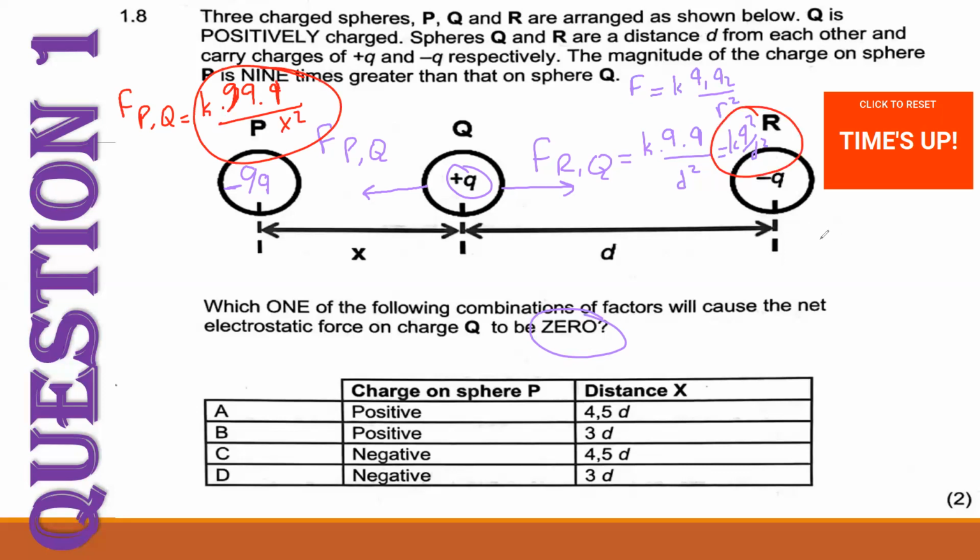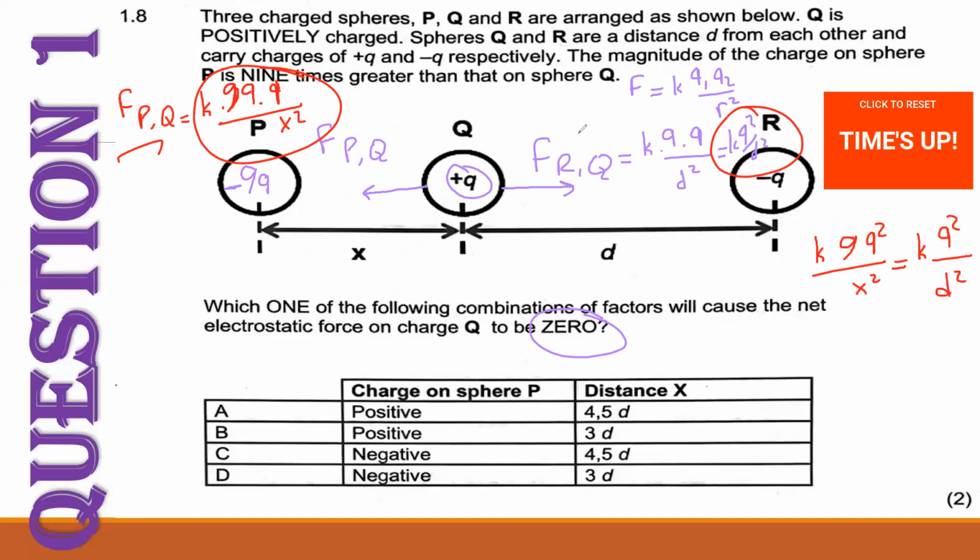Let's write FPQ first: K times 9Q square over X square, equals FRQ, which is K times Q square over D square.